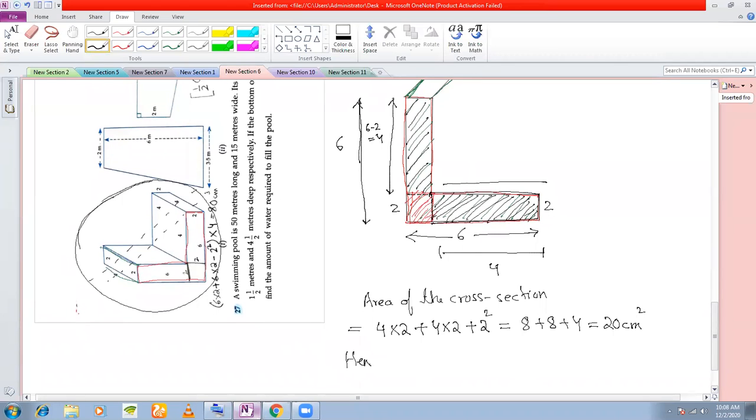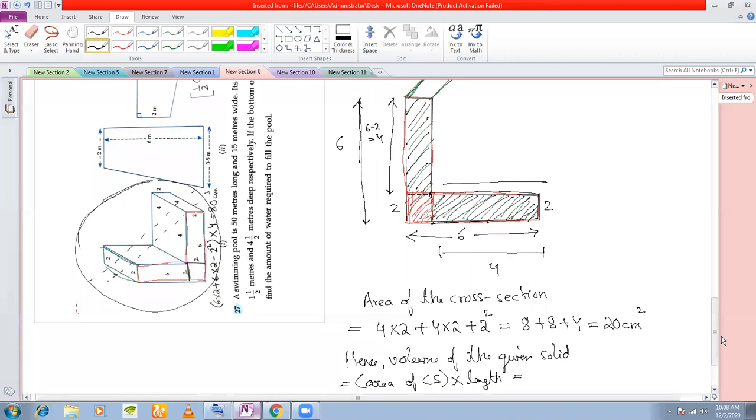Hence, volume of the given solid is equal to area of cross section into length.